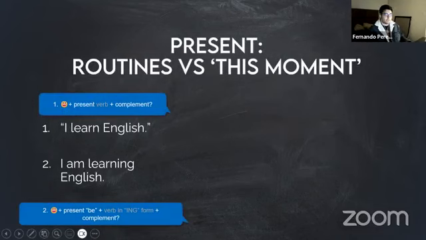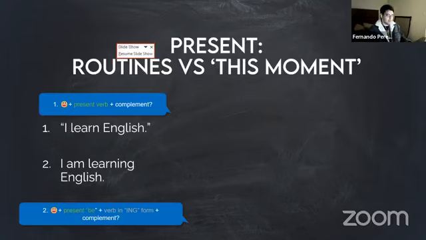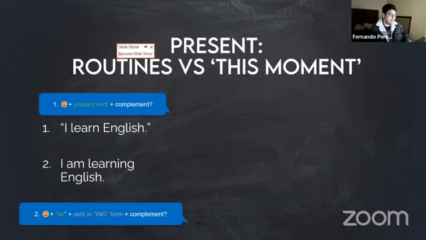The first example is a verb that is in present, versus example number 2, when we have the verb be and then a verb in ing form. This is very important. Pay a lot of attention. The formulas are very different and the applications are very different too.